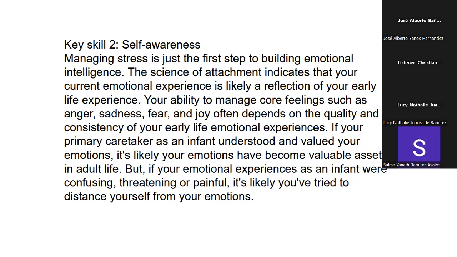Perfect. What did you understand on this one? It says that it is important the thing that you live in your infancy and how you learn to manage your emotions at the beginning, at the start of your life, and that experience helps you when you are an adult to manage in the same way.